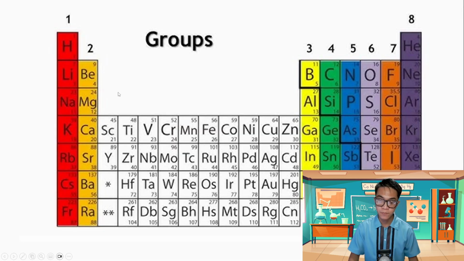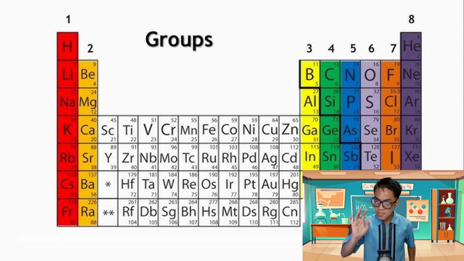But before that, let's familiarize ourselves with the different groups in the periodic table. We have this specific number of groups: group 1, 2, 3, 4, 5, 6, and 7. Now, what does this respective number imply? These group numbers state the valence electrons of the elements that belong to them.